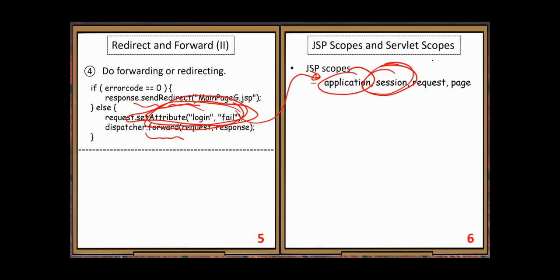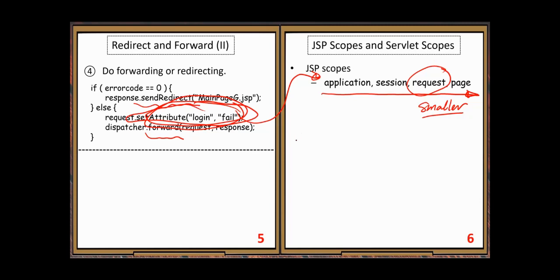The next smaller scope. Based on this order, the scope becomes smaller and smaller along this direction. Then the request scope, smaller than the session scope. Your data is only kept for the period of the current request.